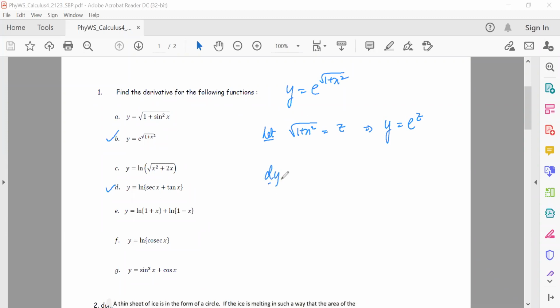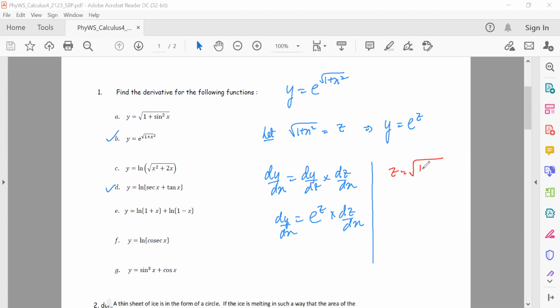So dy by dx will become dy by dz into dz by dx. So dy by dz is e raised to the power z only, because y is e raised to the power z, into dz by dx. Now think of this like a new problem, that your z is equal to square root of 1 plus x square. So what is dz by dx going to be?